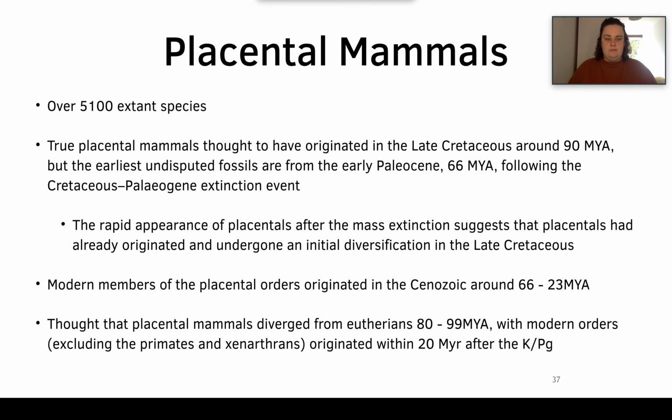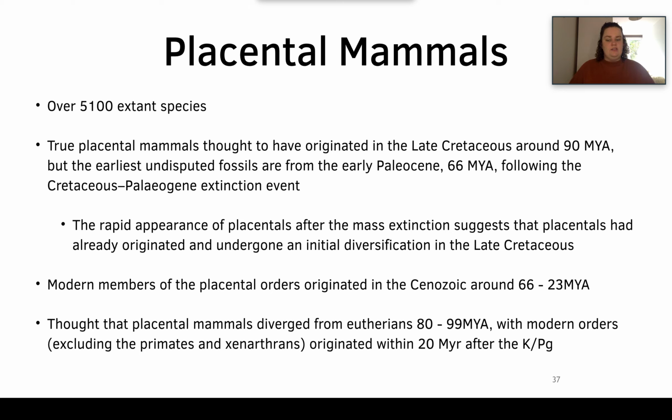So next we move on to the placental mammals. There are over 5,100 extant species, and it's thought that the true placental mammals originated in the late Cretaceous around 90 million years ago. But the earliest undisputed fossils are from the early Paleocene, so that's the time straight after the Cretaceous-Paleogene extinction.